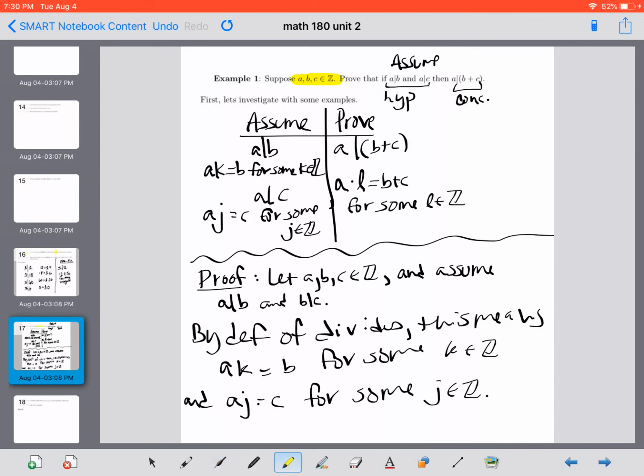Now, we're trying to prove that A divides B plus C. In other words, try to prove that we can express B plus C as A times another integer.